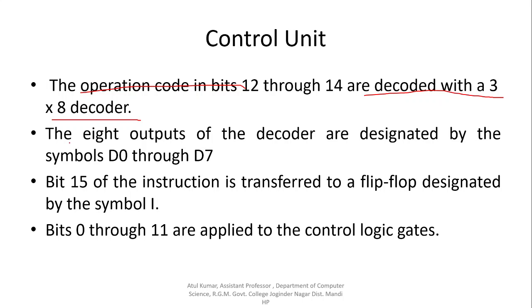The 8 outputs of the decoder are designated by the symbols D0 to D7. Bit 15 of the instruction register is transferred to the flip-flop designated by the symbol I, and bits 0 to 11 are applied to the control logic gates.